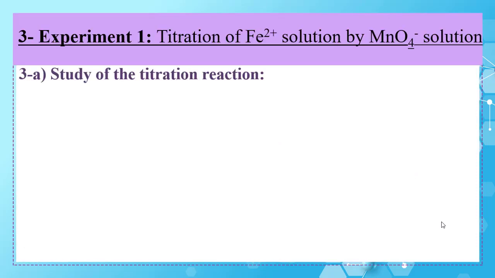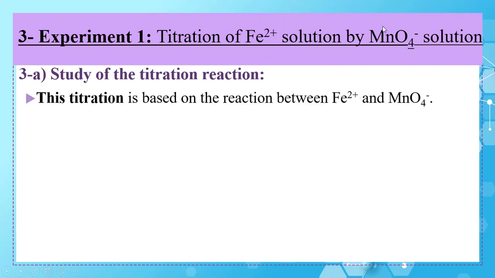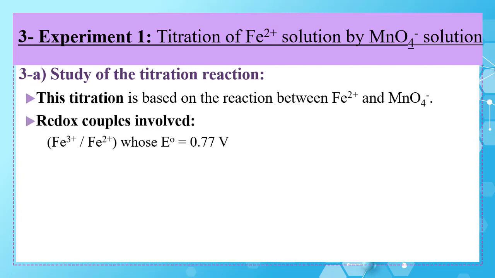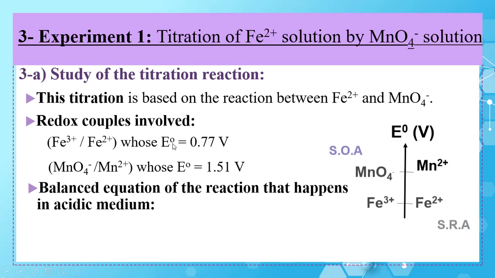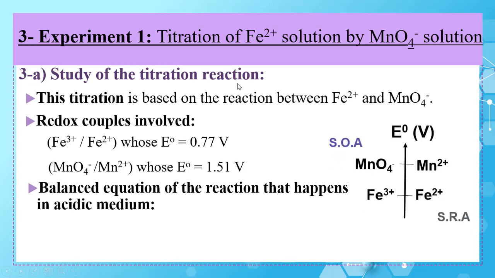So to do this, we have two reactants, Fe2+ and MnO4-. The redox couples involved in this reaction are Fe3+/Fe2+ and MnO4-/Mn2+. We have given the reducing potential of each of these two redox couples. To know the reaction taking place, we place the couples on the electrochemical axis.